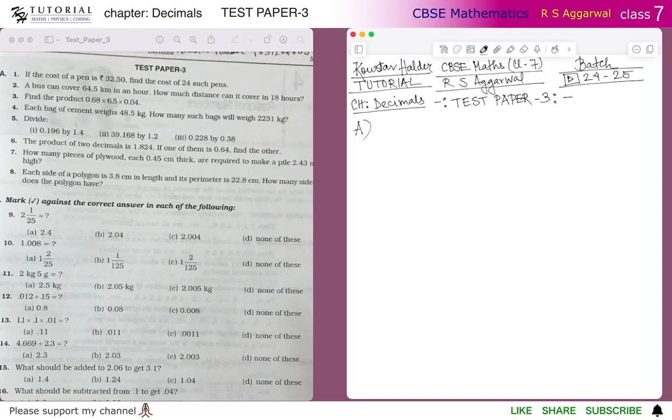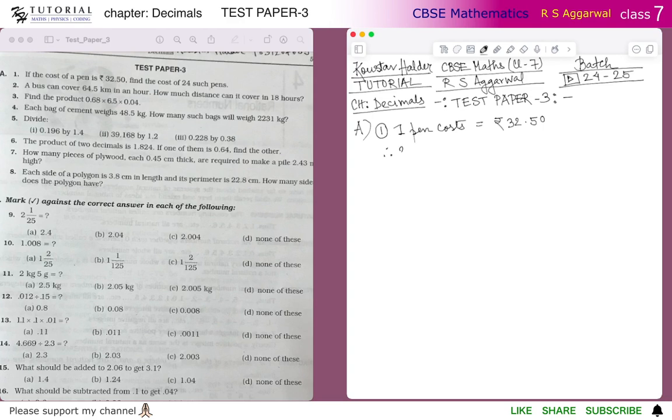Section A, problem number 1. It's a word problem. If the cost of a pen is rupees 32.50, find the cost of 24 such pens. So one pen costs 32.50.